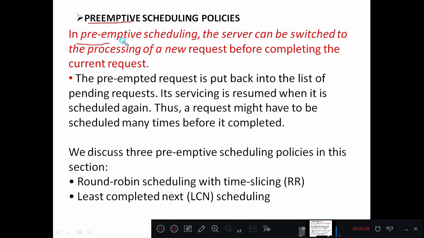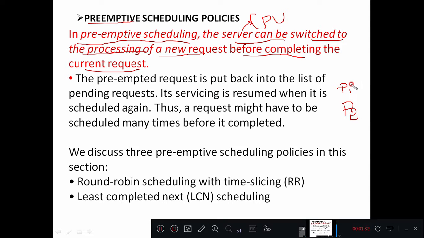Right. So in preemptive scheduling, the server, in the sense the CPU, can be switched to the processing of a new request before completing the current request. Right. So let us say the CPU is busy with P1, and one more process comes, let us say P2.